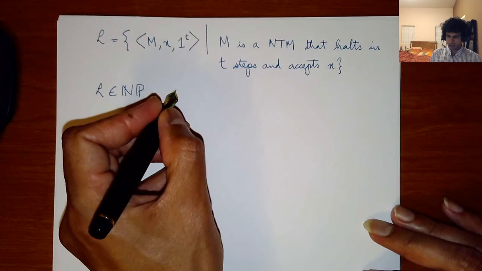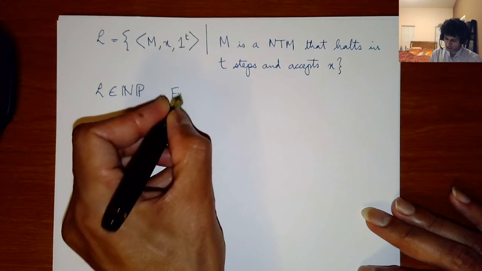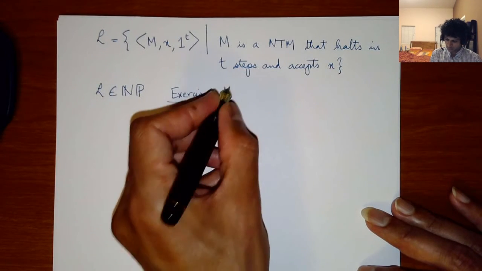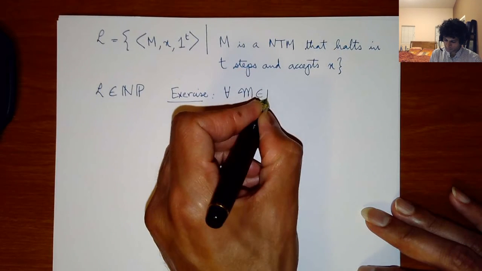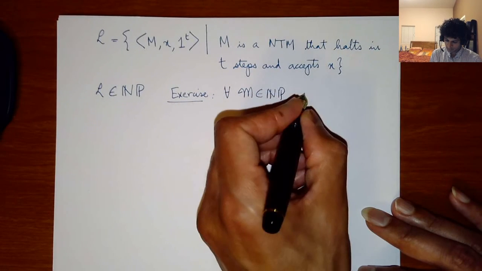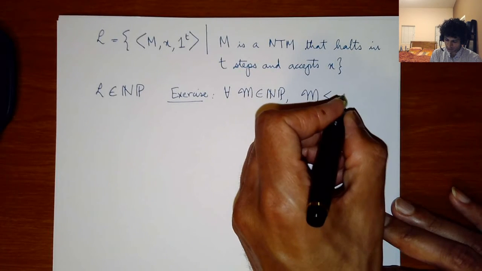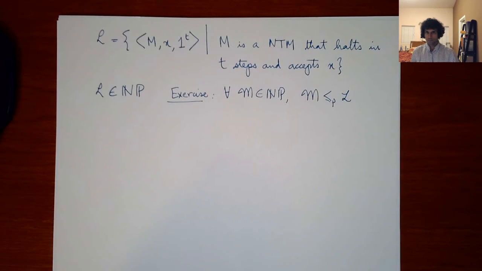And you can actually show, and I'll leave this as an exercise, that for all M in NP, M efficiently reduces to L. Because what does the reduction do?